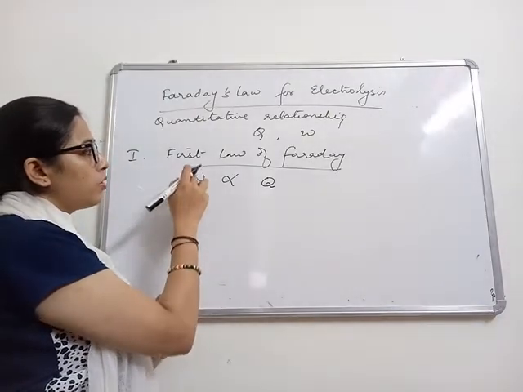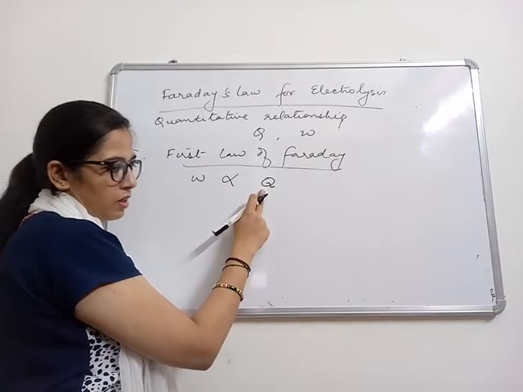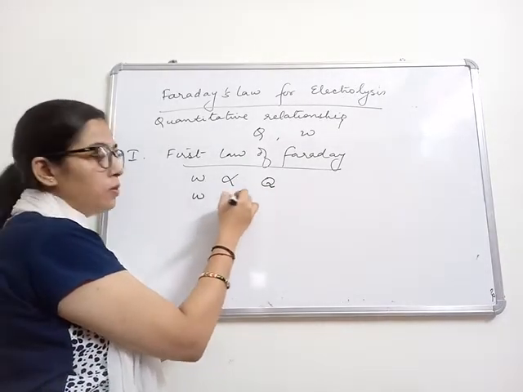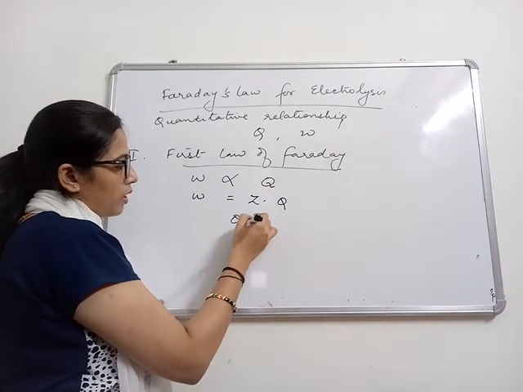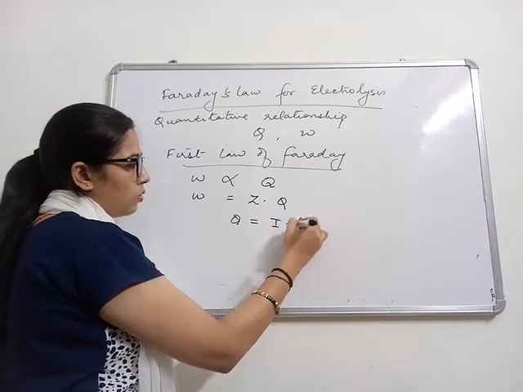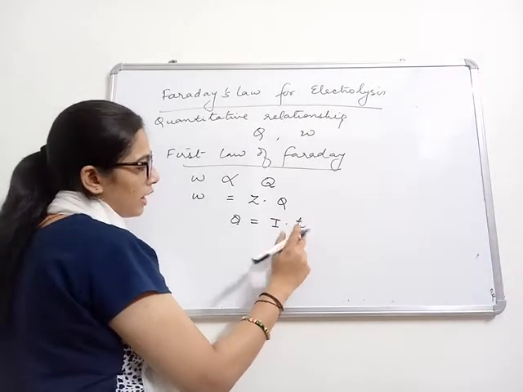If W is the amount of substance deposited or liberated and Q is the quantity of electricity, then W is proportional to Q, or W is equal to a constant Z into Q, where Q is current into time, where I is the current and t is the time.